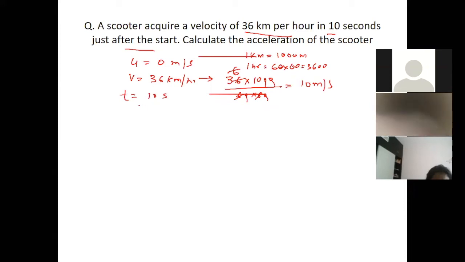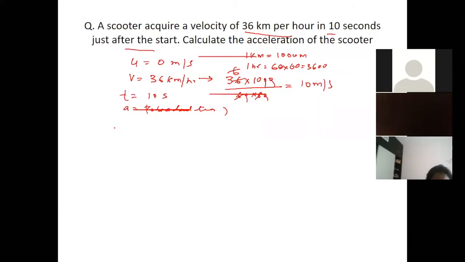Now which formula can we use? Acceleration is to be calculated, right? We have u given, v given, t given.